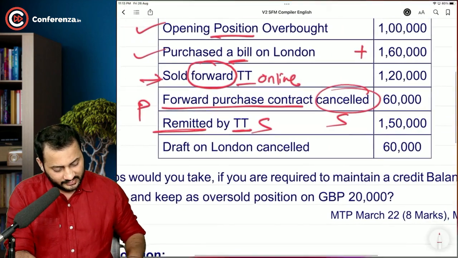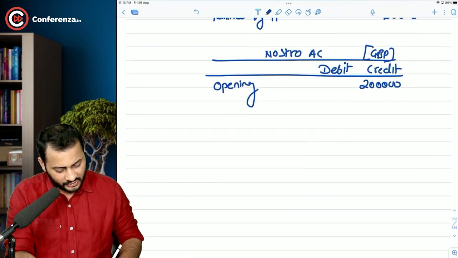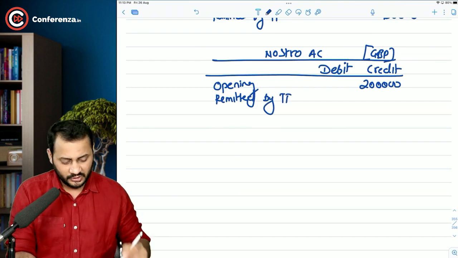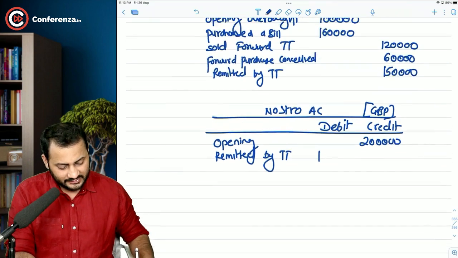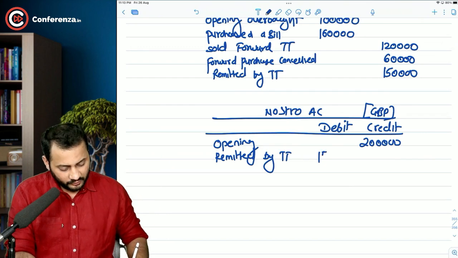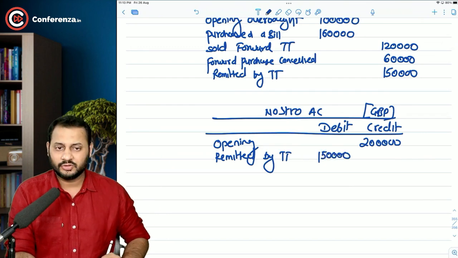Am I right? And since this is a real cash outflow, we will write it here as well. So when it actually affects the cash flow, then we will write it. And since it is going out, the balance will reduce in the Nostro account by 1,50,000. Do you agree with this?